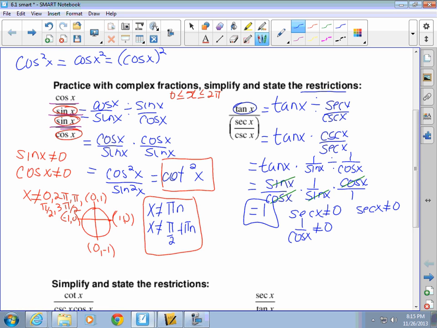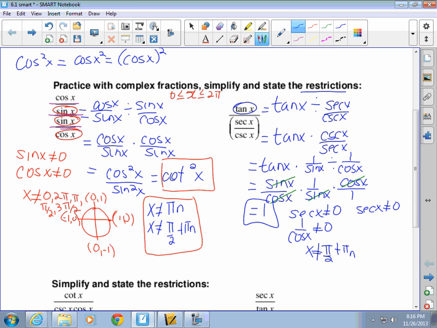And we know from over here, cos x can't be 0 at that 90 degrees, and then 270, or pi over 2, 3 pi over 2, and all the way around. So this one will be x is not equal to pi over 2 plus pi n, so every 90 degrees plus a rotation, or plus a half rotation.